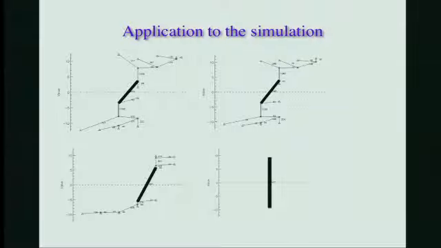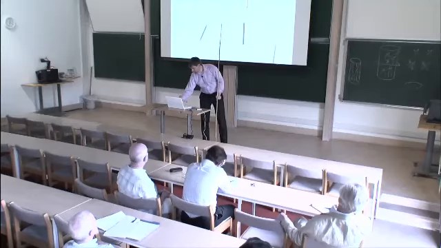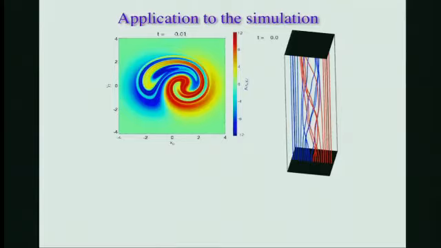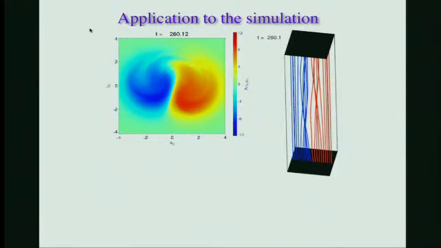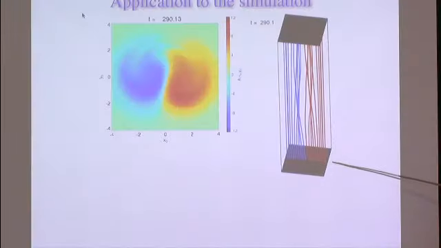What do the field lines actually look like in that relaxed state? We plotted here field lines along a line, the x-axis on the lower boundary. They are field lines.